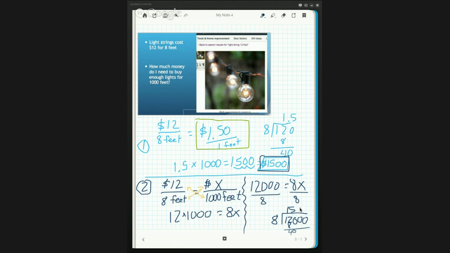If you keep running with the math down the page, you'll come up with 1,500. And remember, because this is a word problem, you have to have units, and so your answer is $1,500.